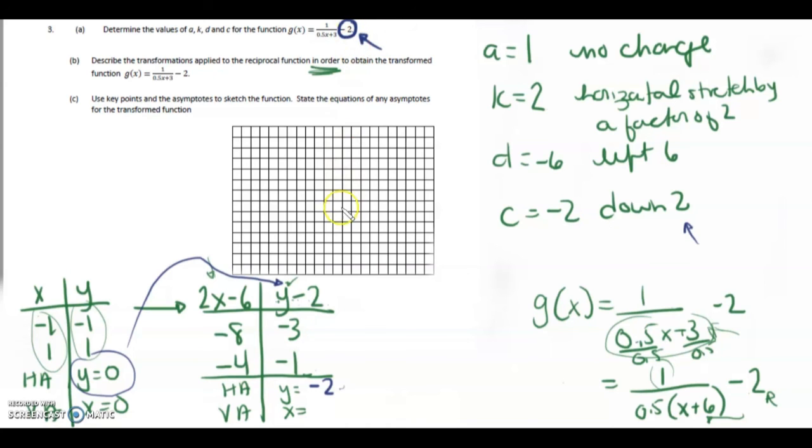It's going to be the up-down movement. For the vertical asymptote, we have x equals 0. So we technically plug that 0 into the x transformation, and we get -6. The x value is also what we're going to have here after it's factored. It's going to be the left-right.